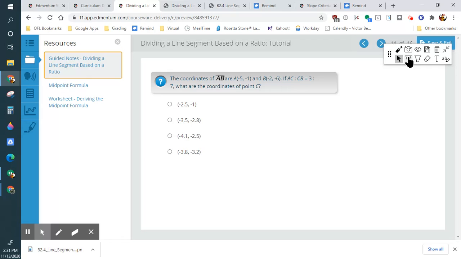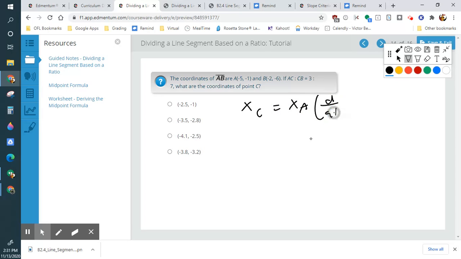All right, so going on to this, I'm going to do this formula, which was AC equals x of A, little a over A plus B, oh, I forgot the plus sign here, plus times whatever my AB is.